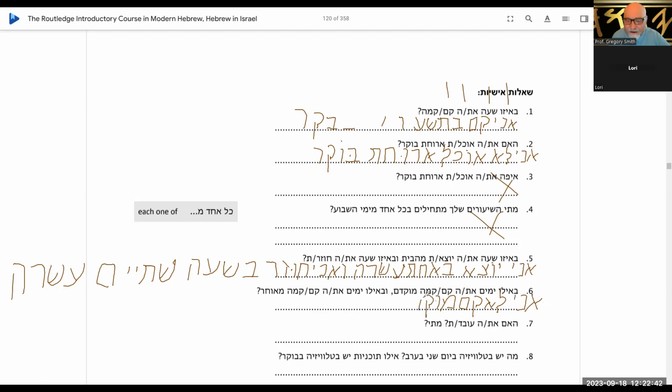This would be I don't get up. אני לא קם מוקדם בשום יום. Bashum, so that means no, there's none. There's none days. That's a shuruk there, and then yom. Okay, so that would be my answer to that one.